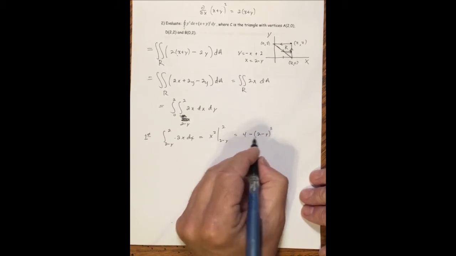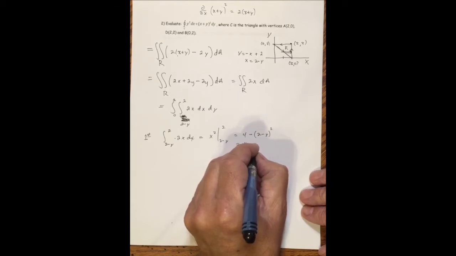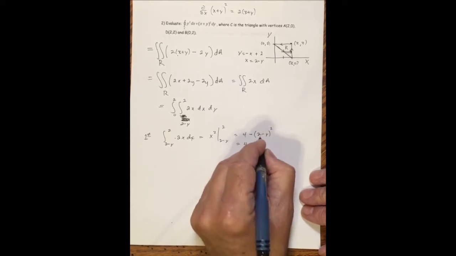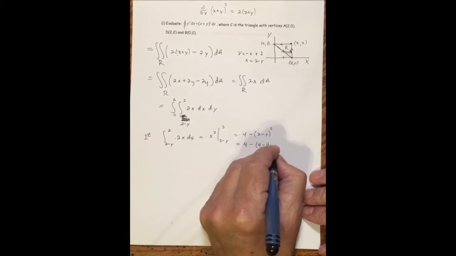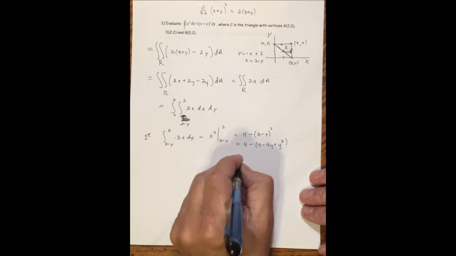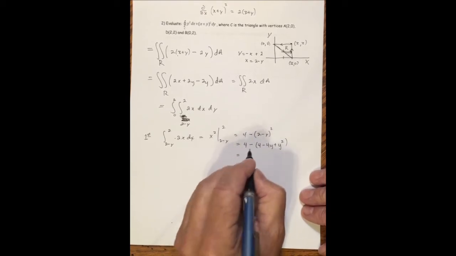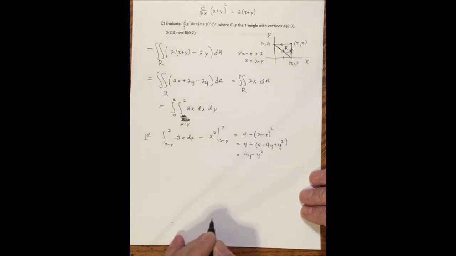Now we could leave it like that, but I think you can kind of sneak a look here at what's going to happen. This is going to be 4 minus. Now when we square this, we get 4 minus 4y plus y squared. So this ends up with a 4 minus 4. So we get 4y minus y squared.